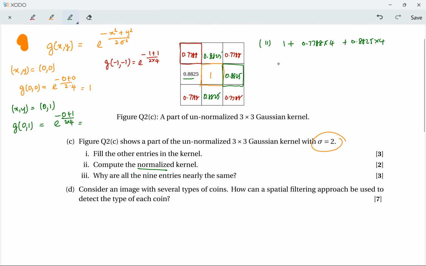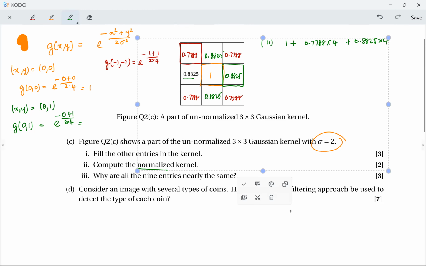That's the sum, and we divide the kernel by that. So let's do that. It's 7.6452.